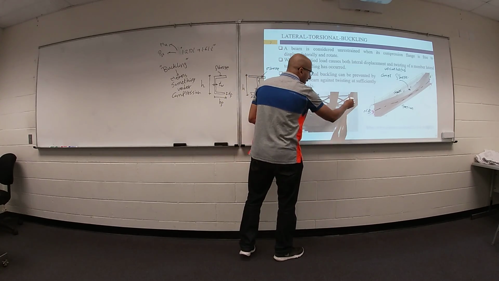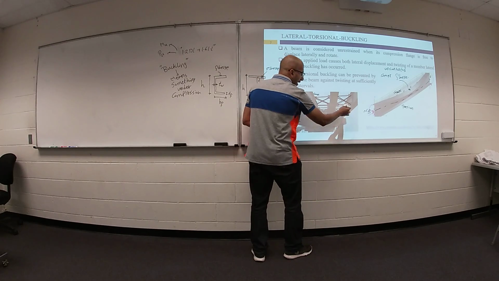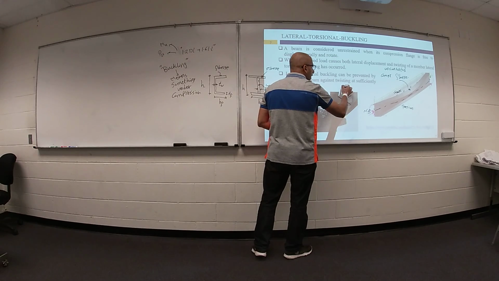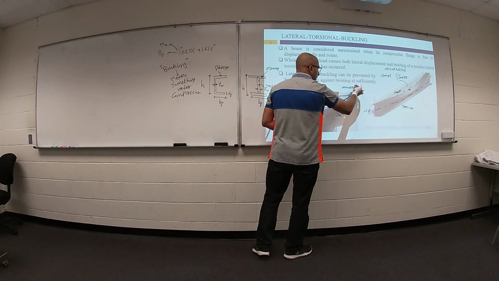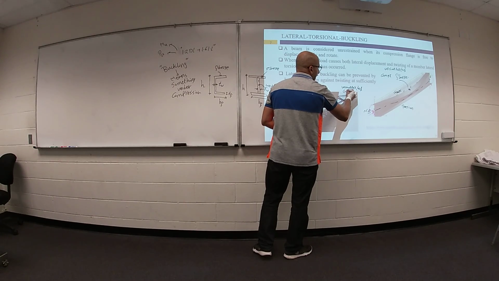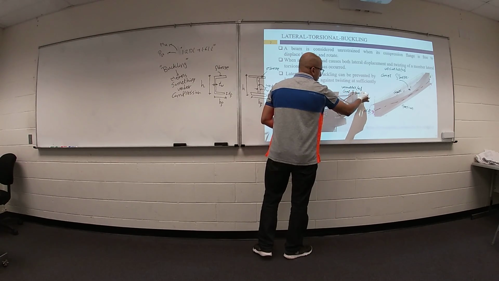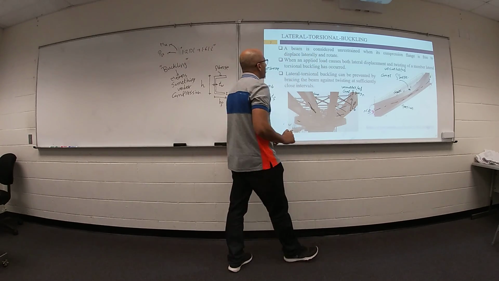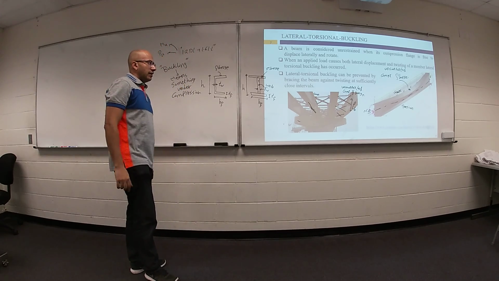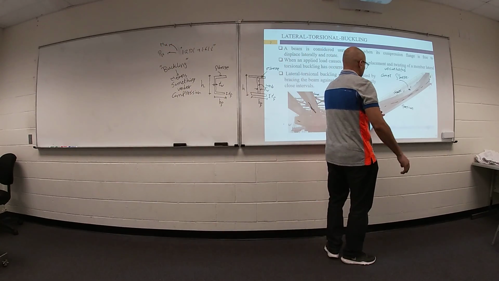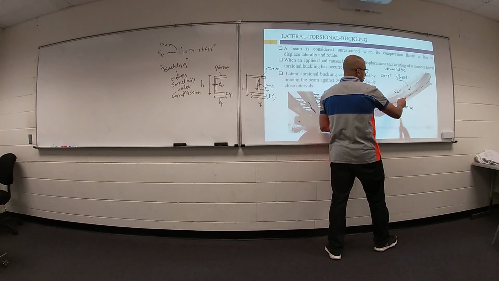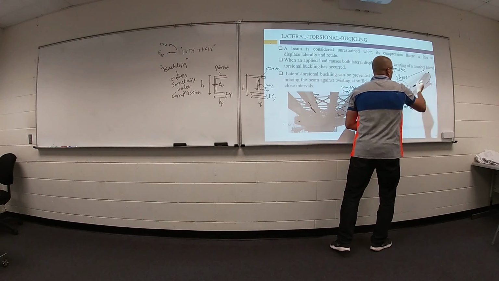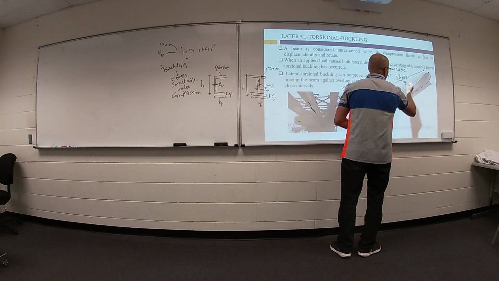The distance between each cross and the following one, the distance in between, is called an unsupported compression flange length, LB. In this case, your beam is supported here, supported here, and free in between. So your unsupported length, LB, is this distance.